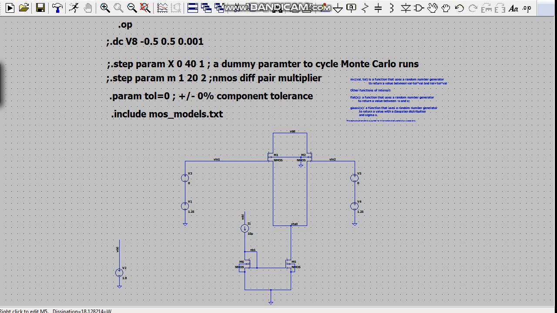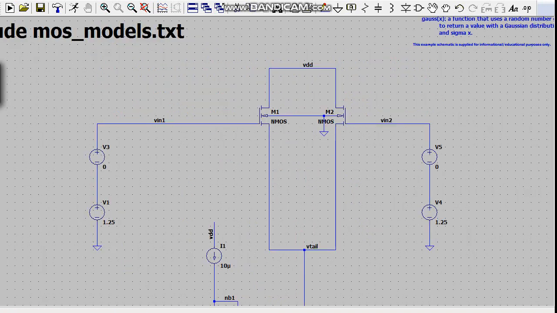Initially it should be 25 microampere each. After finding how much differential input is required to switch the full current from one device to the other, at that point in M1, the left side device, the full tail current will flow, and in M2 zero current will flow. Okay, so let's do this simulation.